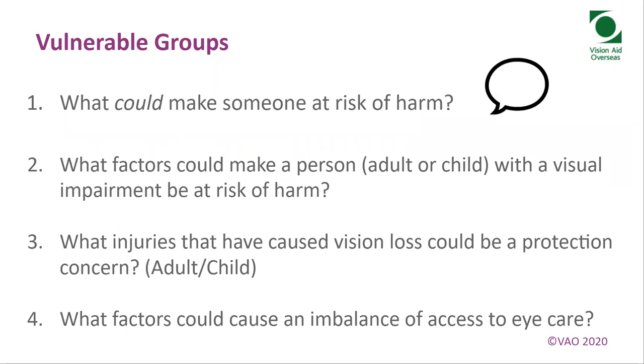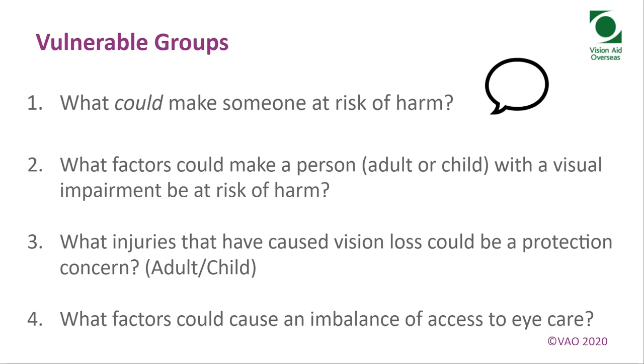The following is an exercise for a short, full group discussion. So firstly, what could make someone at risk of harm? Whilst personal characteristics may make an individual more vulnerable, for example, disability and communication difficulties, it is the situation around an individual which may increase risk or place them at potential risk of harm.